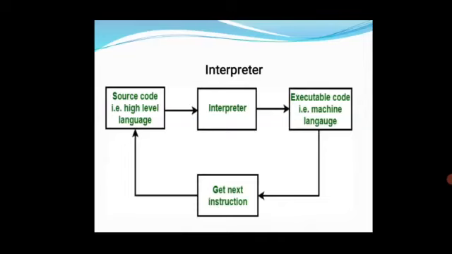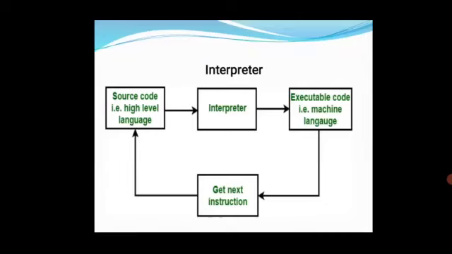Okay, if a program's source code contains 10 lines, first it will take the first line, interpret it, and convert it into machine level language. After that it will get the next instruction from the source code and again convert it into machine level through the interpreter translator.